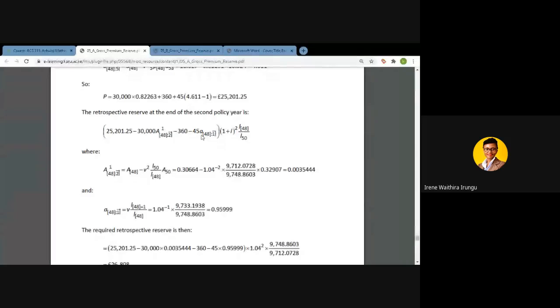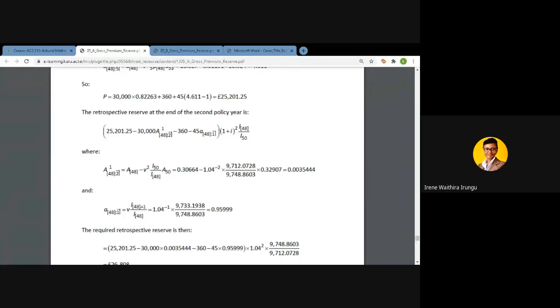So we have it as a 48 angle 1, because we have only paid one renewal expense. Once you solve for this, you have your retrospective reserve at the end of the second policy year.